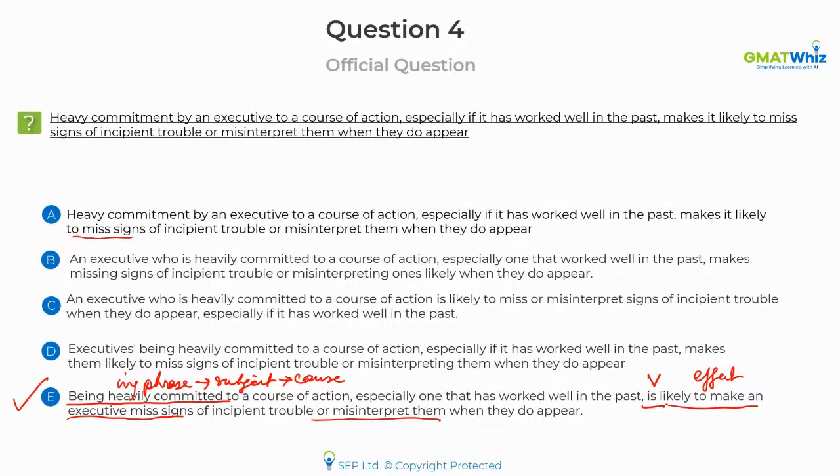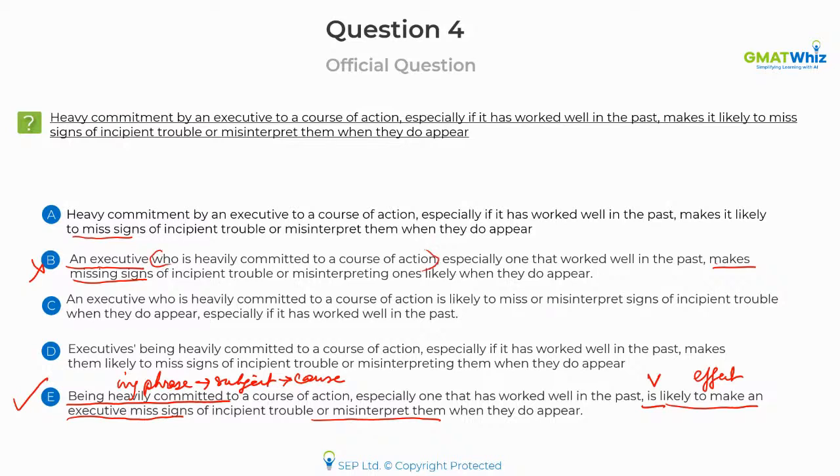The main reason I brought this up was to show you how the ing can function as a noun. Some of the other choices are incorrect because of multiple reasons. For example, here we are saying an executive makes missing signs. Very illogical. The cause-effect is lost. We are not told the heavy commitment is the cause, because this is turned into just a modifier.